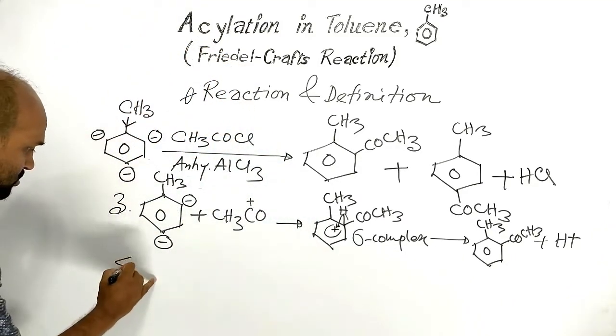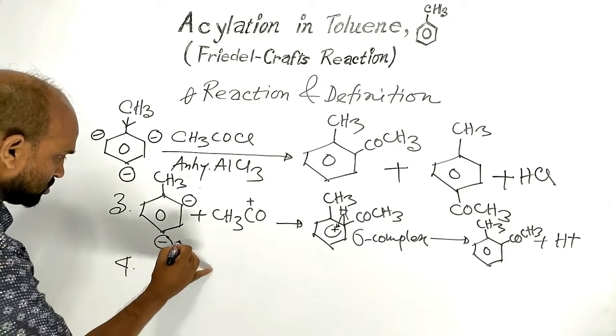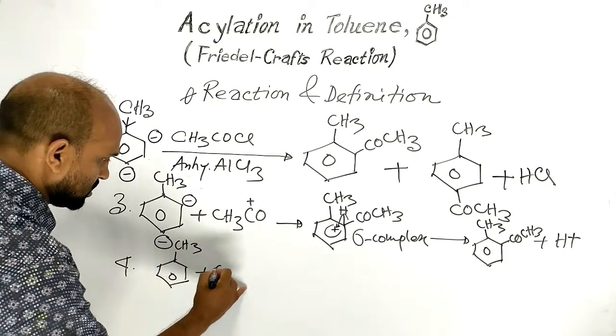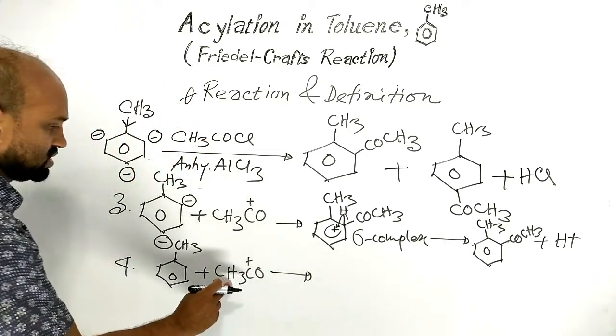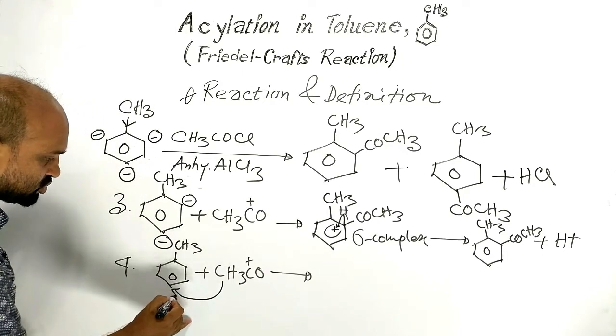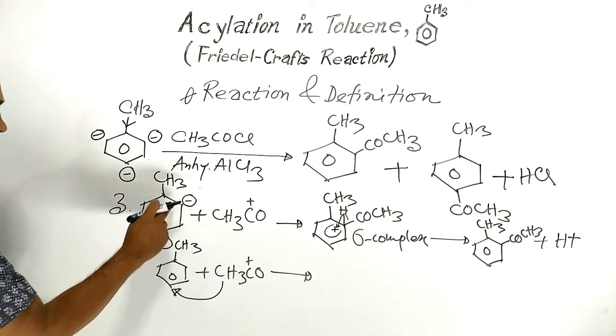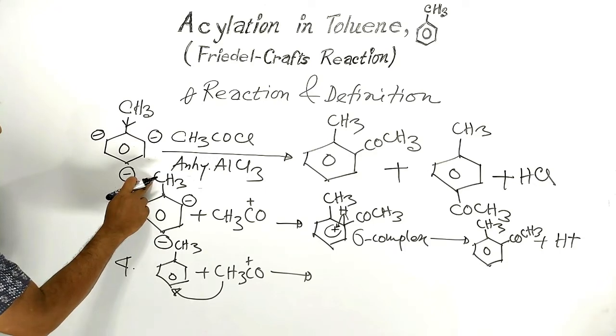Step 4. Toluene and another acetyl cation. This time the cation will attack the para position, because the ortho and para positions are electronically rich due to the presence of the electron donating methyl group.